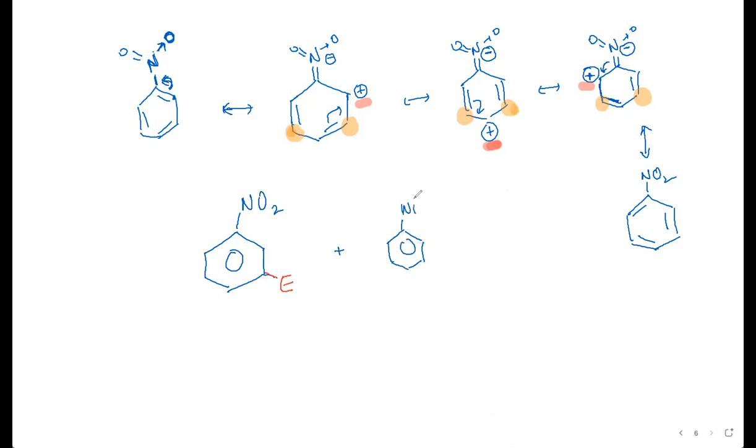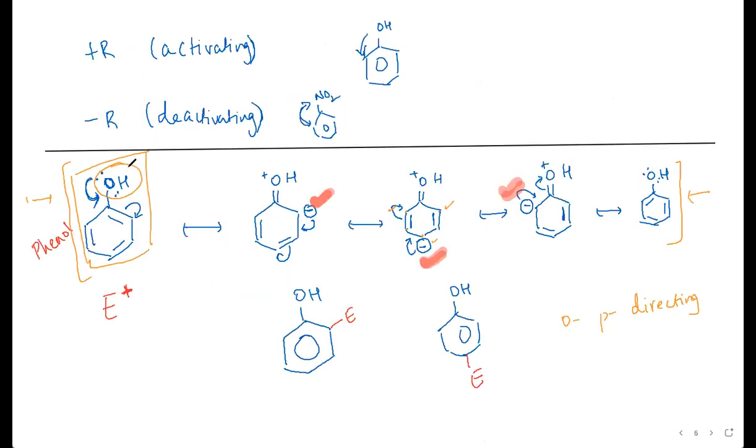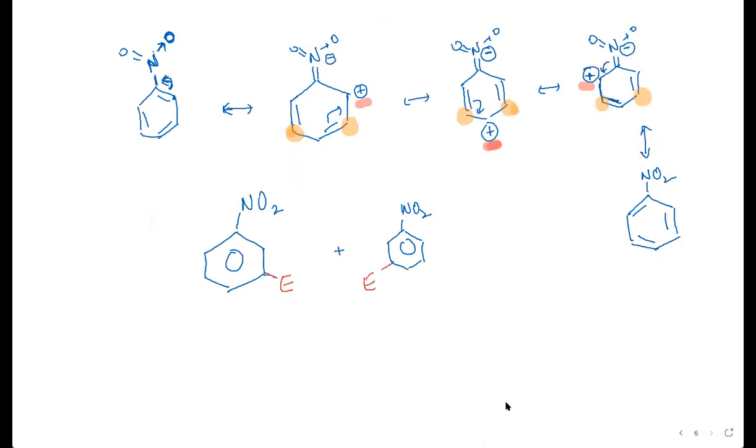Yes. So when a group has a tendency to activate the benzene ring, they're orthopara directing. And when a group deactivates the benzene ring, they're said to be meta directing.